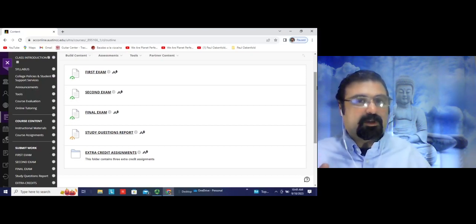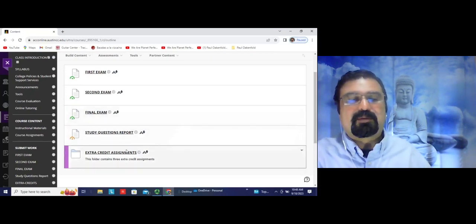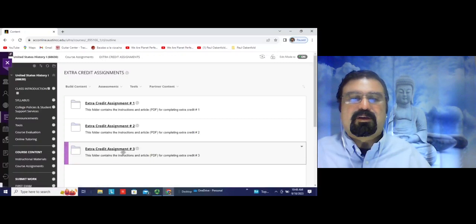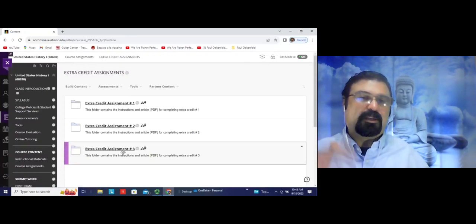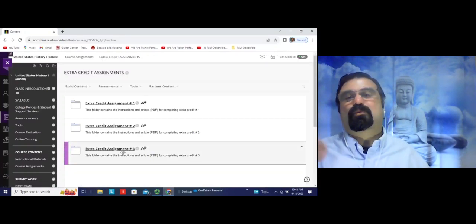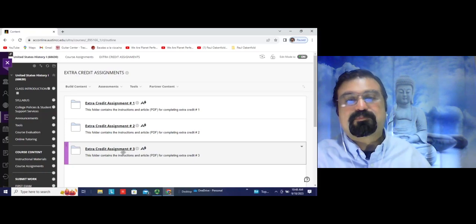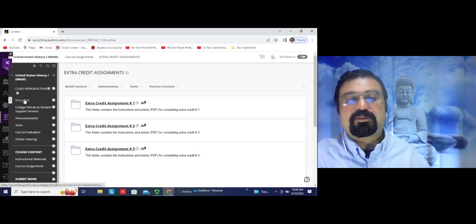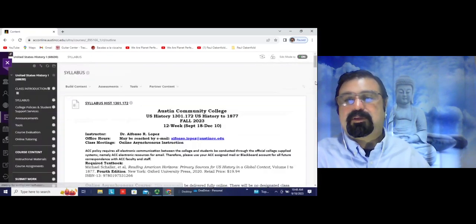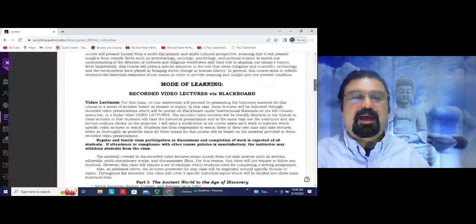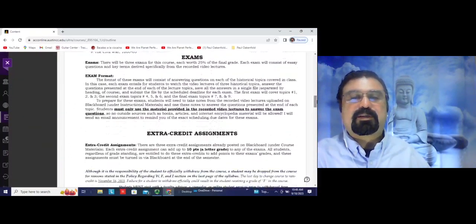They're not mandatory. That's only if you want to add points to each exam. So you click here, you're going to see 3 folders, and each folder has the instruction and the reading that you have to do to earn 10 points. Each extra credit assignment adds up to 10 points to each exam.